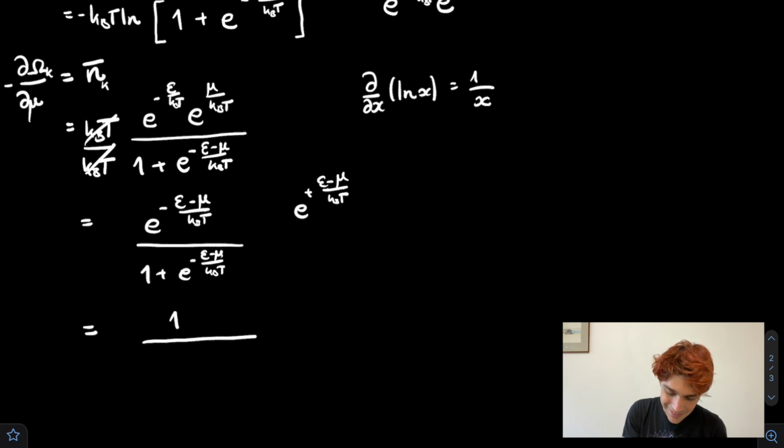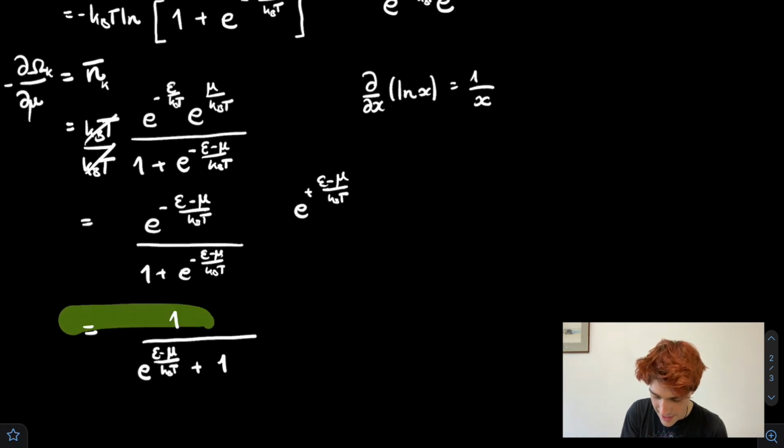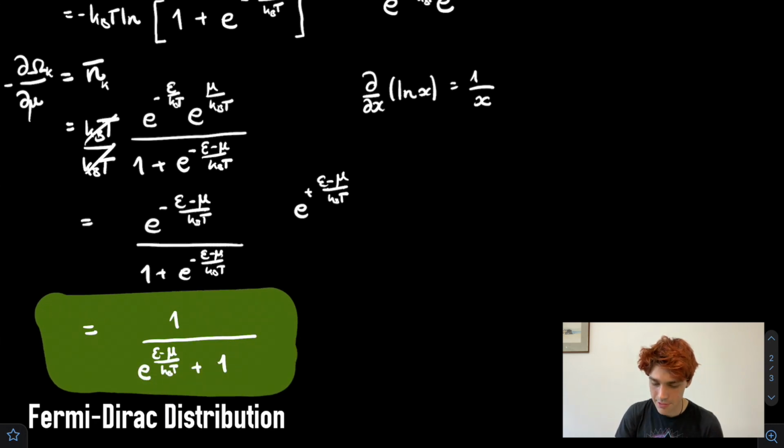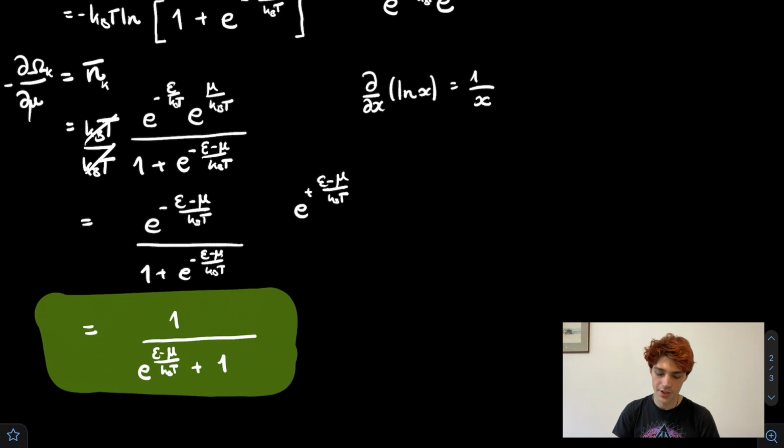For the denominator, this 1 becomes e to the epsilon minus mu over kBT, and this other term also becomes 1. And there we go. This is what's known as the Fermi-Dirac distribution function. It tells us the average occupancy of a certain energy level at a given temperature. It's very similar to the Maxwell-Boltzmann distribution.